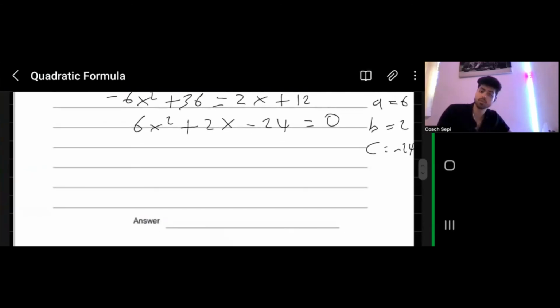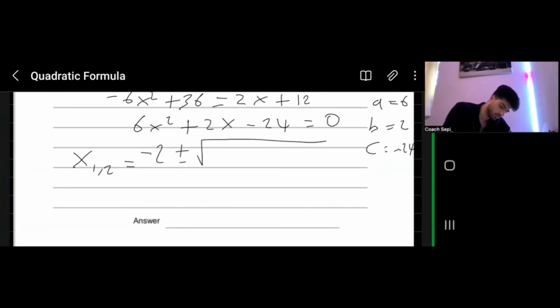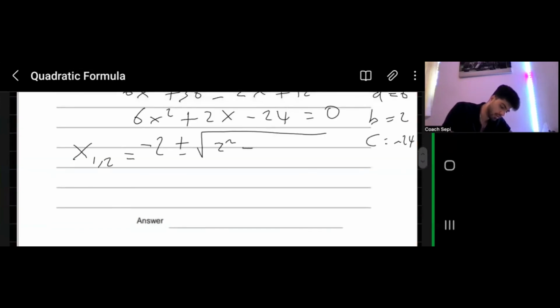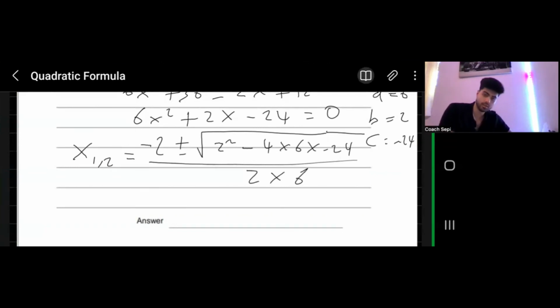Then we put it into the quadratic equation again. x1 or 2 equals minus b, which is minus 2, plus minus square root 2 squared minus 4 times 6 times minus 24, all of that over 2 times 6.